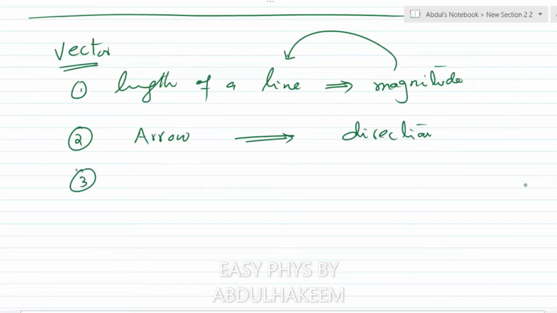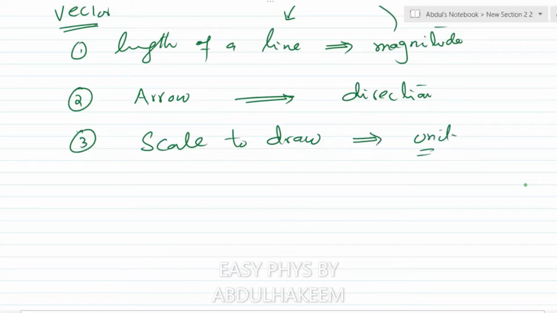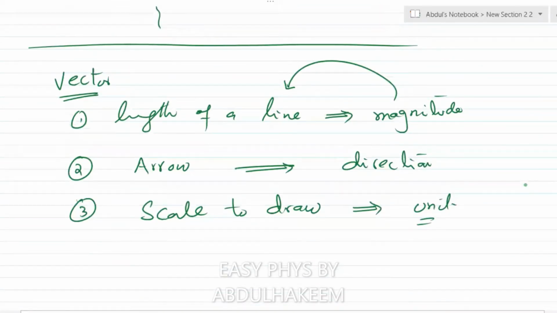And number 3, we have to write some scale to draw it. From the scale, we can determine the unit of the vector. So the vector has the length of the line, which represents the magnitude, the arrow, which shows the direction, and the scale to draw, and the unit is visible over there.